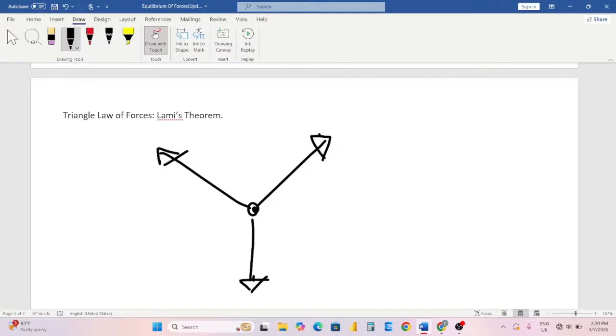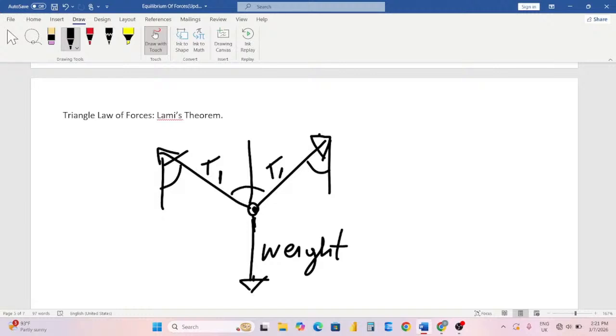And most times they will ask you to find the tension in the support holding the object in place. This bottom is usually the weight of the object, so the weight of the object acts downward. Then majority of the time you are given angles at which the force either acts with the vertical, and sometimes they are nice enough to tell you the angles between the two forces balancing the object itself.